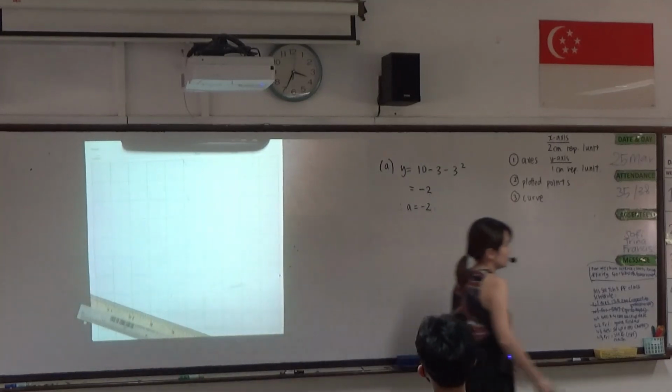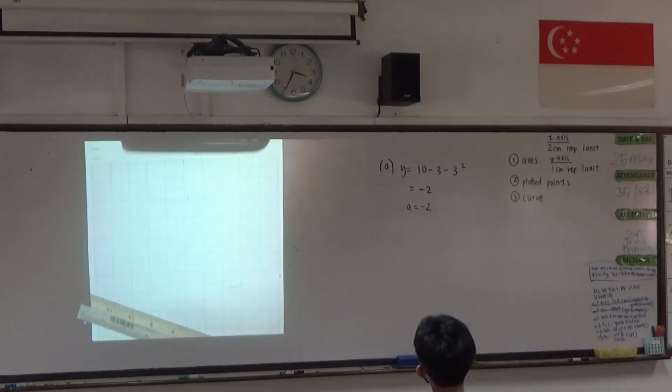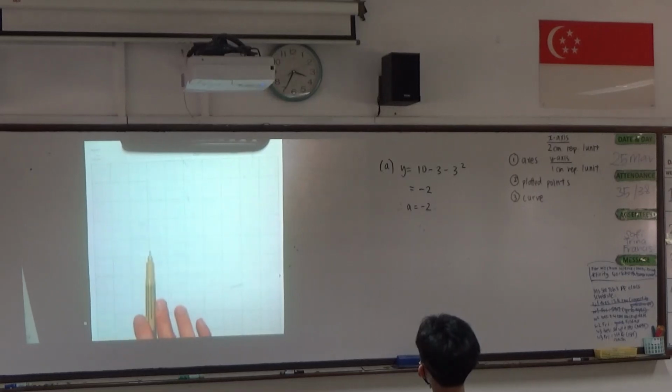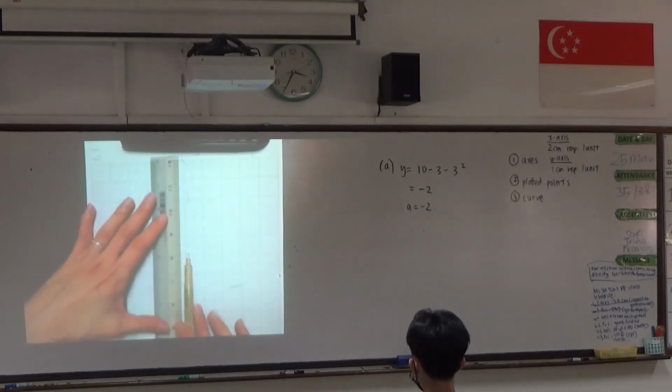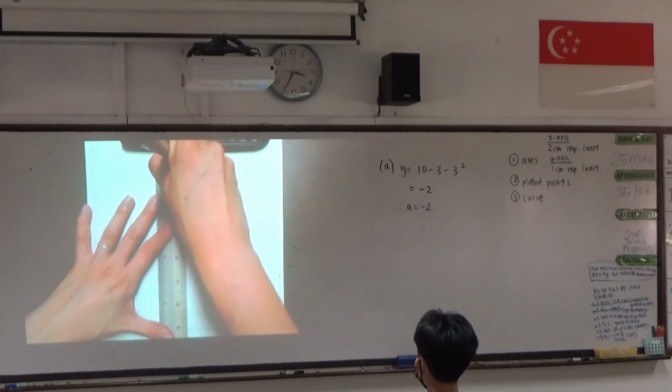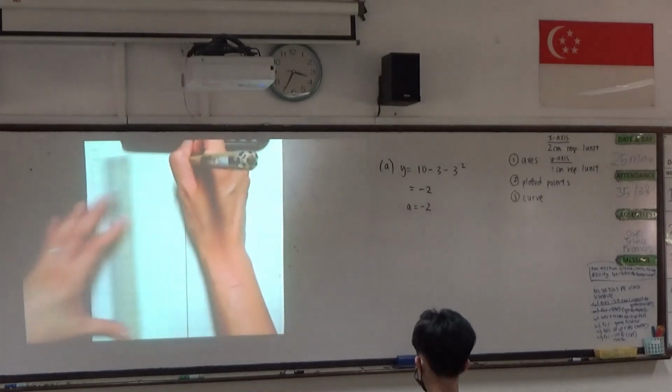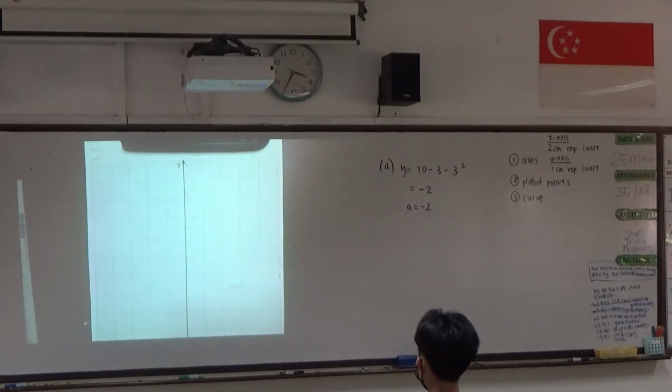So you cannot randomly go and whack in your x-axis and y-axis without planning. So -4, -3, -2, -1, 0 is here, so I'll draw in my y-axis. Do your own counting.